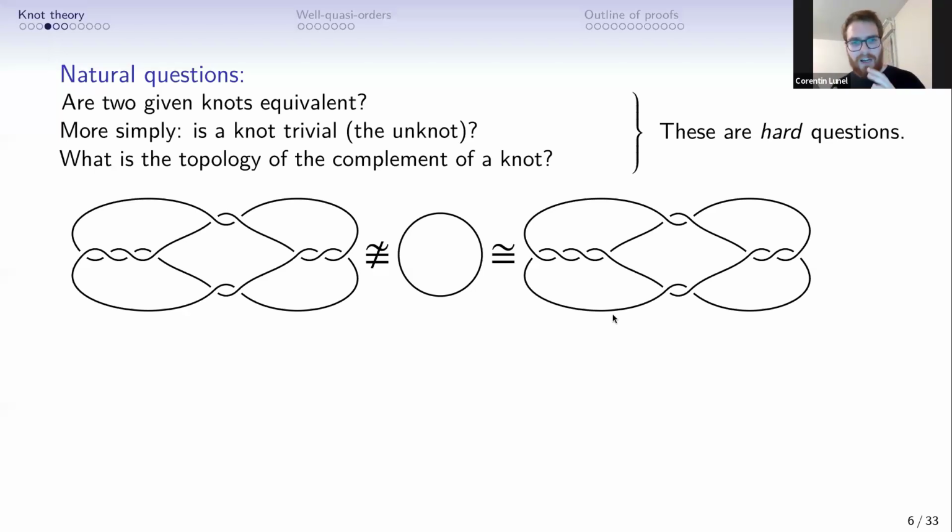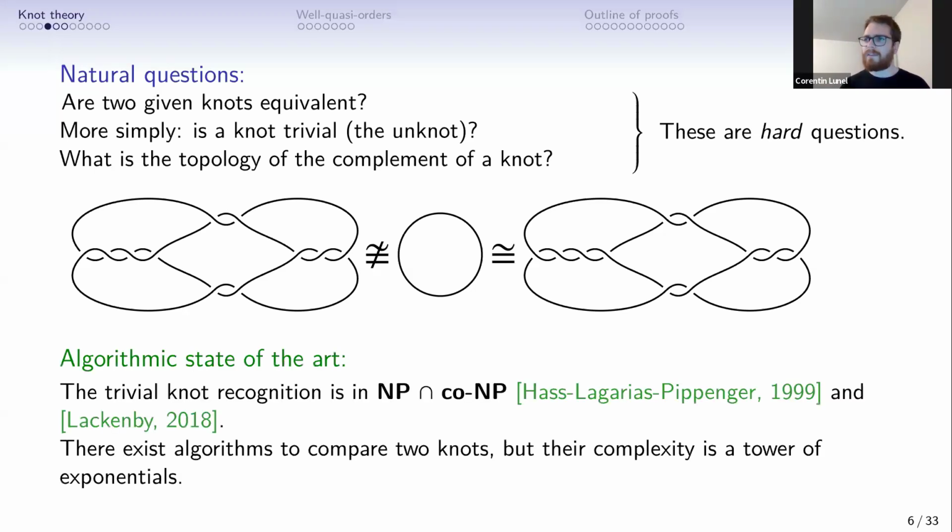So these questions are hard for humans because it's complex. It's also hard from a theoretical point of view. It's not easy to provide an ambient isotopy that relates two knots. And so we could ask a computer to help us, but it's not that simple.